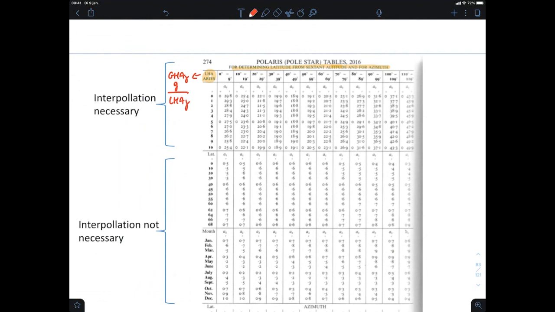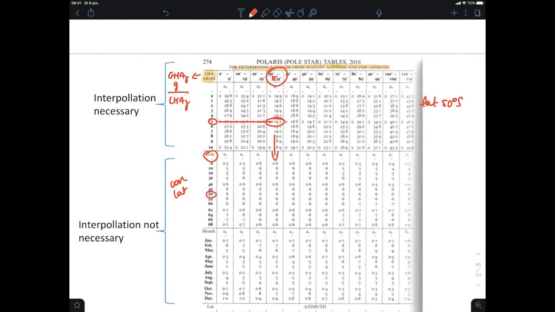If we have, for example, an LHA of 35 degrees, then you go to this column and to the line of 5 degrees, and this will be your correction. Then you go down the same column with your latitude, because this is for an assumed latitude of 50 degrees south. Now you have to apply a correction for the latitude.